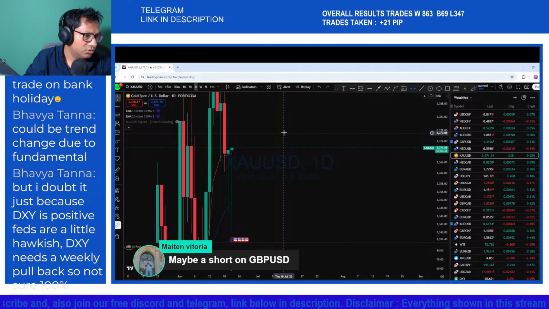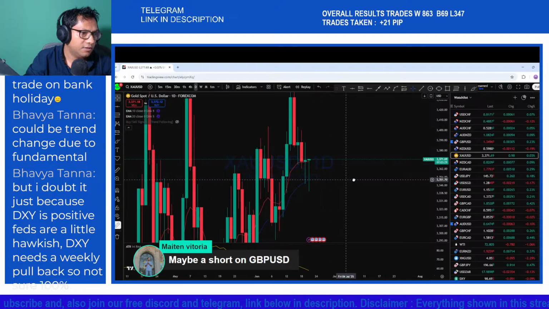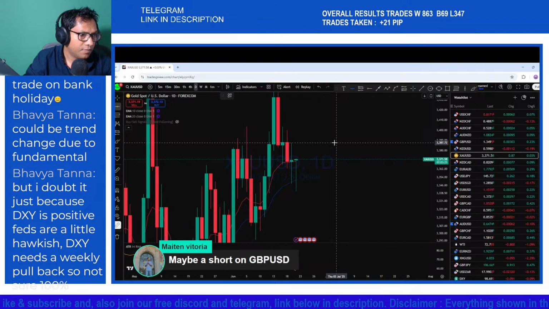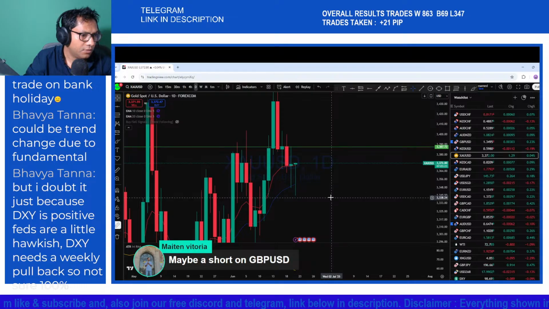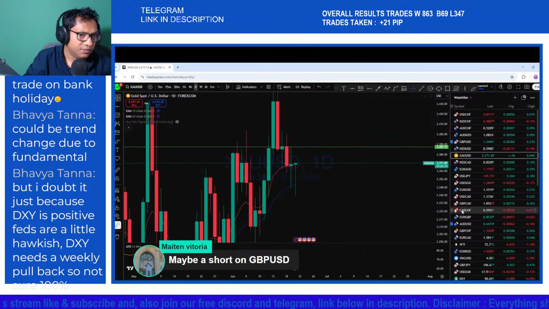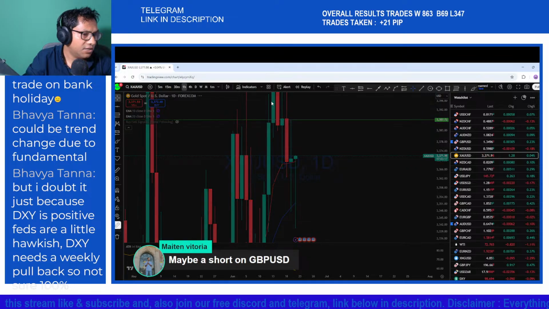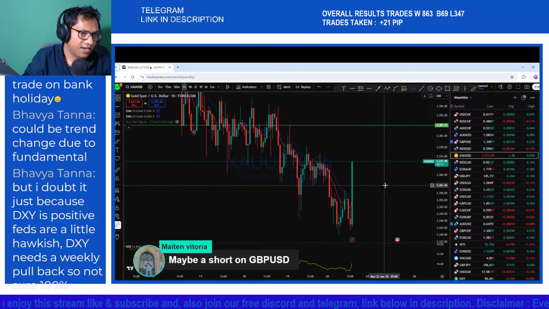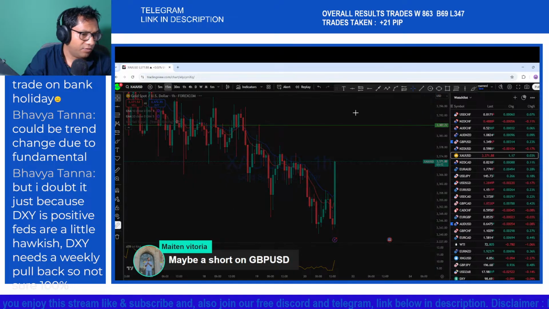Let's delete those lines. And so if this market goes straight back even here to the other side of the daily high, we might see that rejection again from that level.